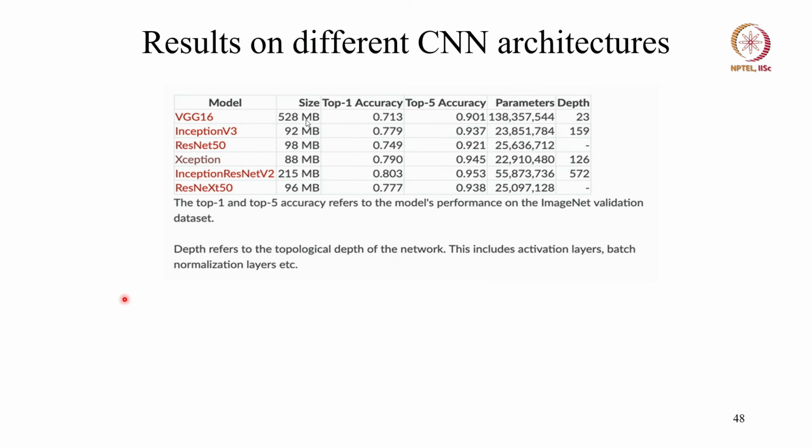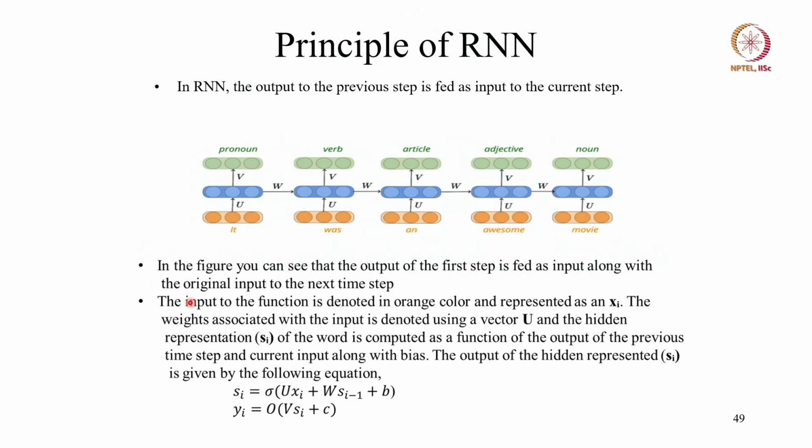Okay, but it is doing a lot better than the VGG, we can see. Okay, and the others have parameters which are fairly medium, right? Not that many parameters, and doing fairly well, right? Okay, so that is about the CNN architecture.